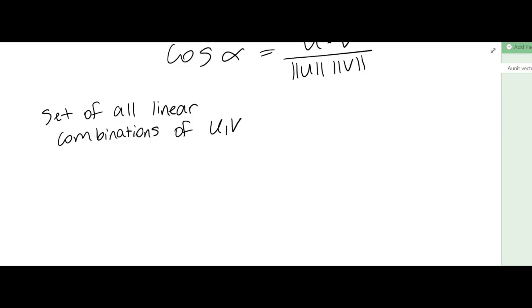So in general, the set of all linear combinations of u and v is a plane. But that's only if u and v are independent. If they're dependent, then they won't give you a plane, it'll give you a line.